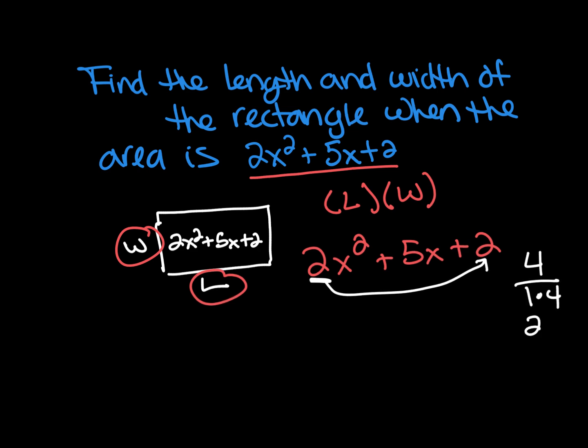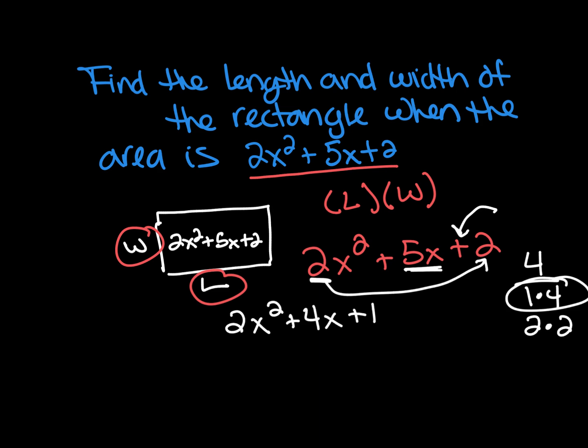The only factors of 4 are 1 and 4 and 2 and 2. Since the last term is a positive, I want something that's going to add to give me 5, which in this case are the 1 and the 4. So we're going to go ahead and rewrite the problem with our 4 terms. And both of the middle numbers will both be positive to give me a positive 5.